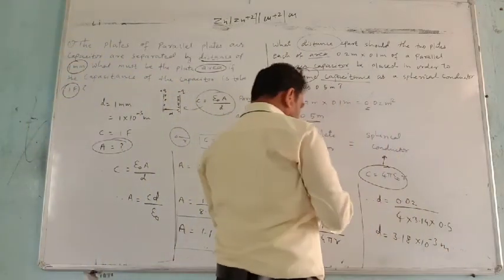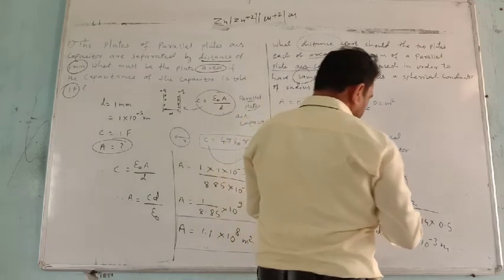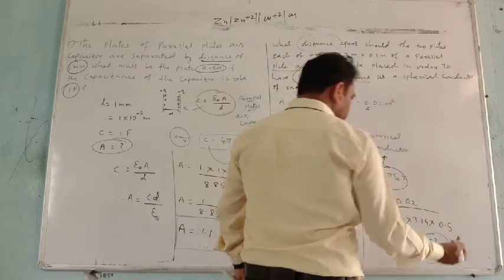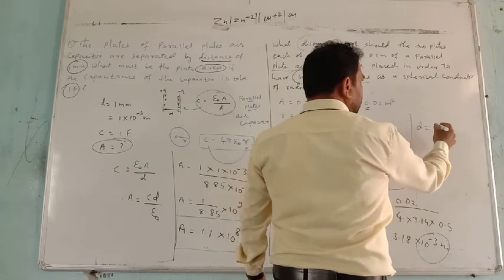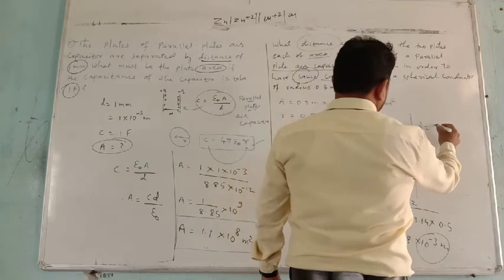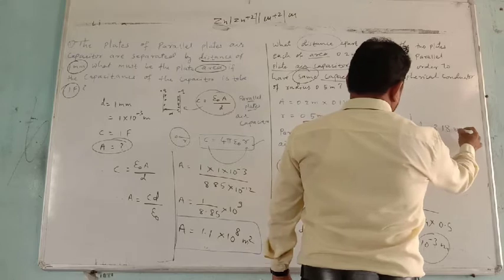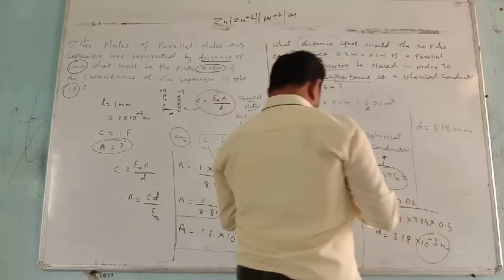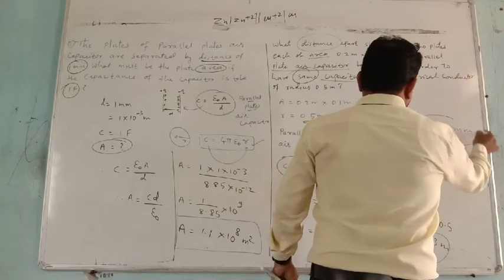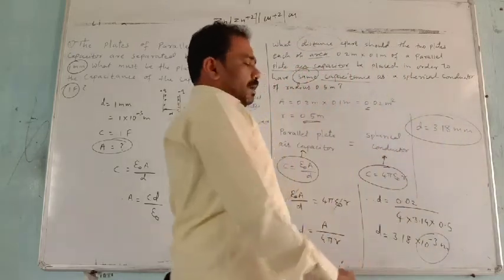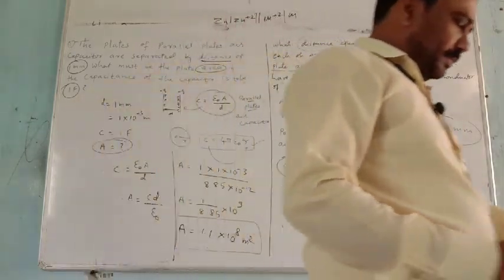And 10 to the power minus 3 meter means millimeter. So finally the distance is 3.18 mm. This is the final answer.